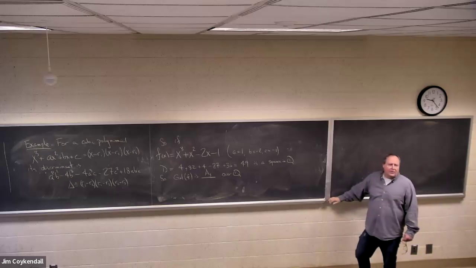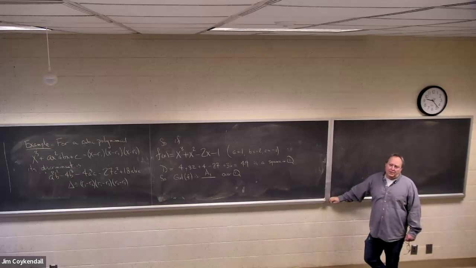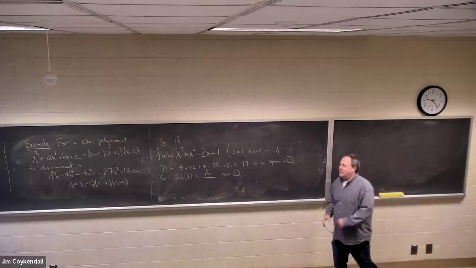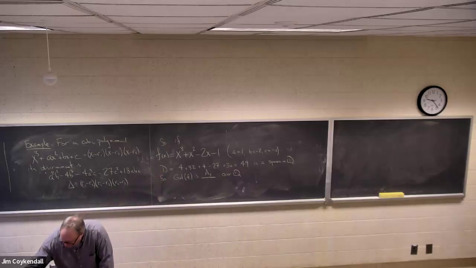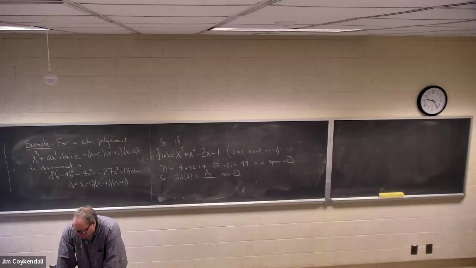With quartics, there are 5 options for the Galois group. And so we're going to pick this apart based on that Klein 4 subgroup of S4.